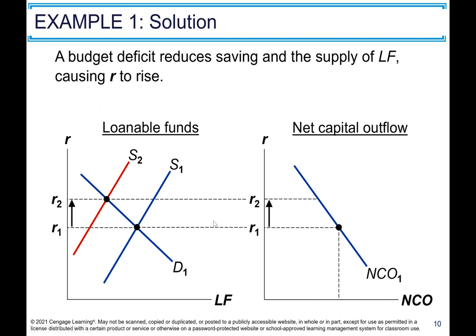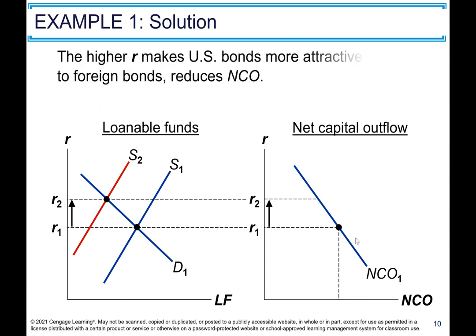And that is reflected on the net capital outflow graph. The higher R, or interest, makes US bonds more attractive relative to foreign bonds, and that reduces NCO. So the NCO moves towards the left.